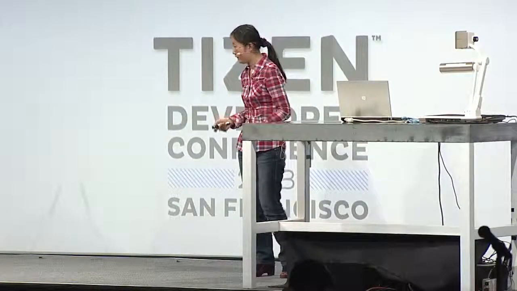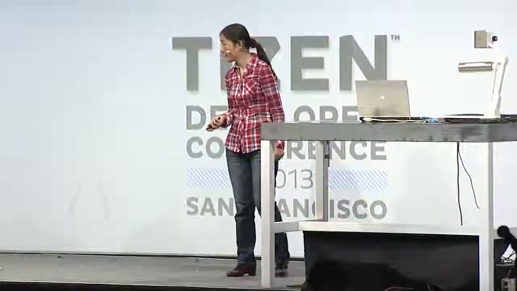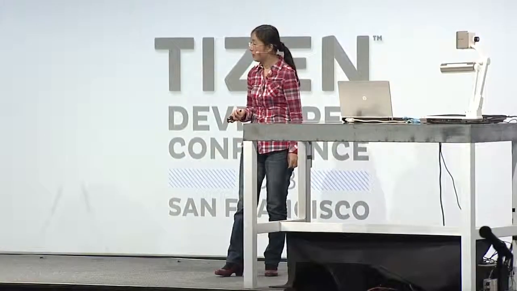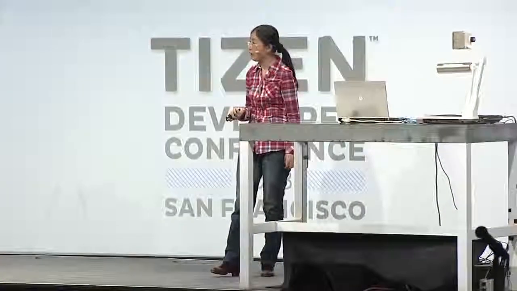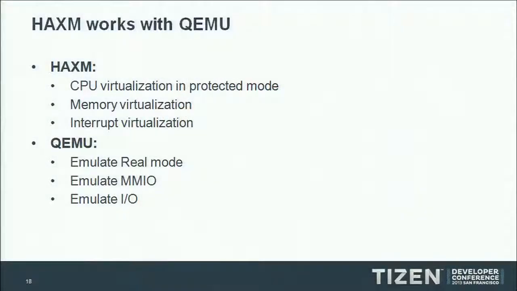Okay, then the next page. This page shows how HAXM works with the QEMU side. It simply describes the tasks HAXM has done and the tasks the QEMU has done.